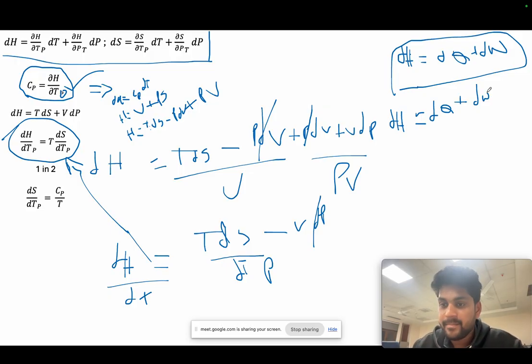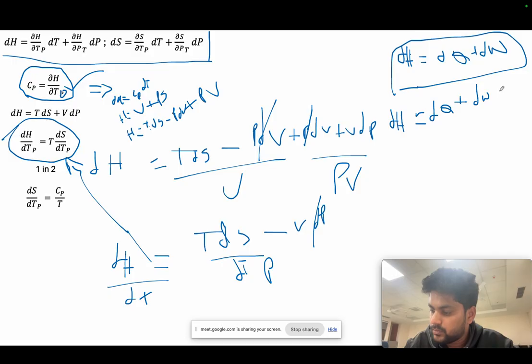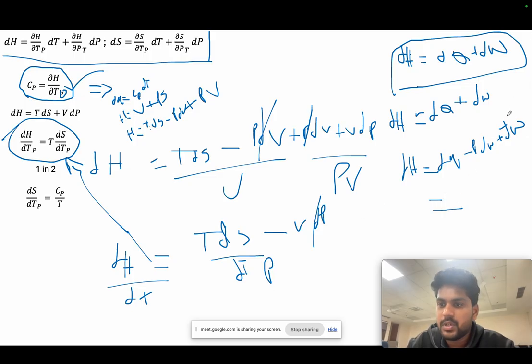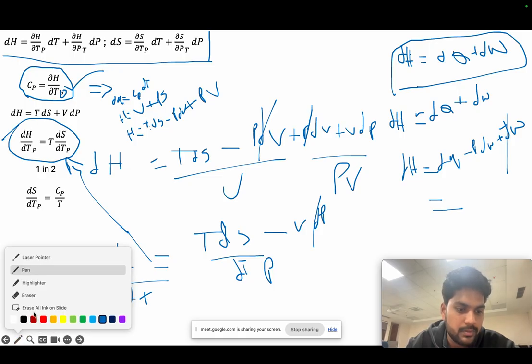So now dH equal to dq minus P dV plus the path-dependent work. If we are talking about constant pressure, this will become 0, and I think you guys are not getting it, I will explain it in a good way.